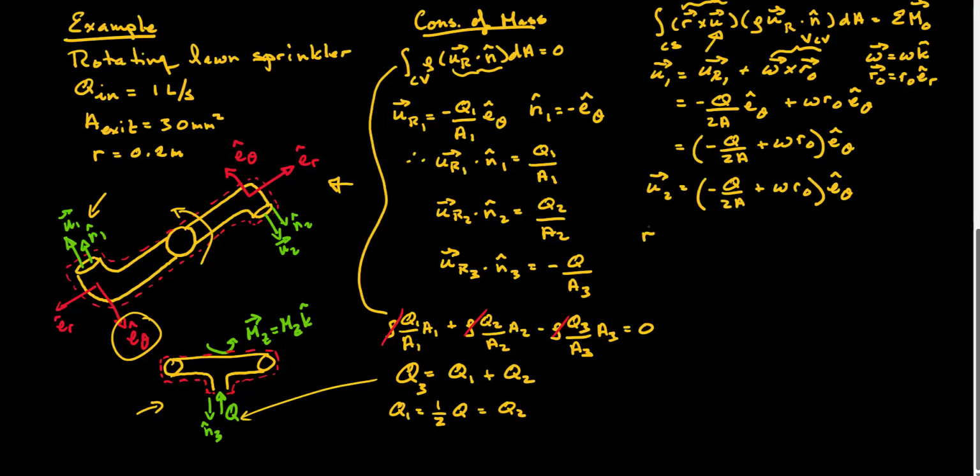And so we can take these cross products to work out this first bracketed term. So we have R1 crossed with U1 will be R naught in the R direction crossed with omega R naught minus Q over 2A in the tangential direction.